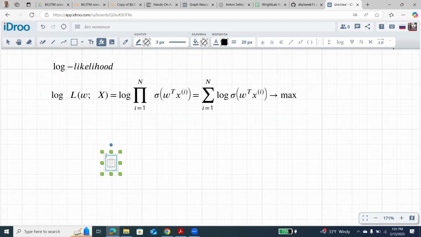Okay, I hope you remember this property of the logarithm, that the logarithm of the product is the sum of logs. Great.